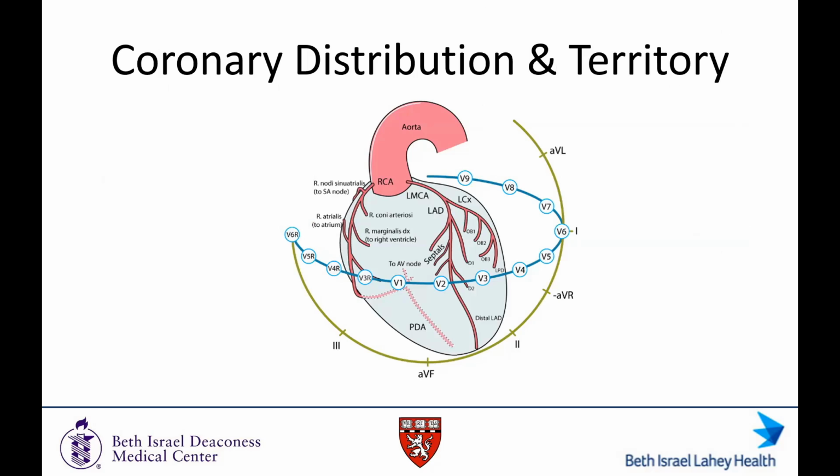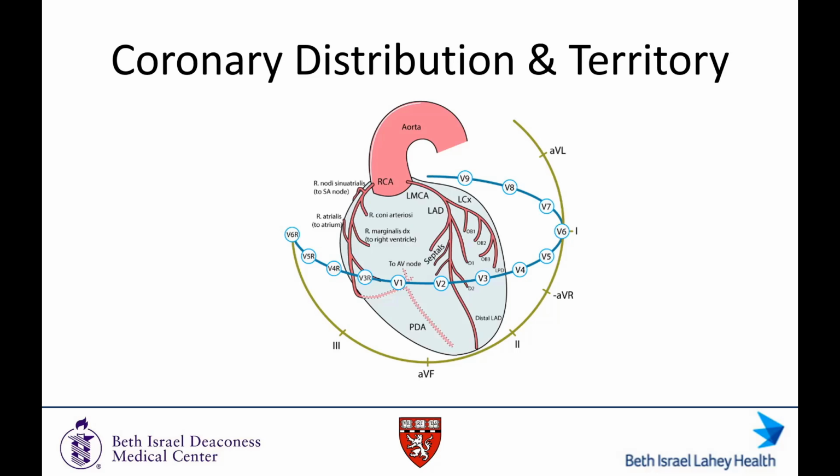So as I said earlier, there can be variations, but in the vast majority of hearts, you have your left main proximally coming out of your aortic root. And then the LAD goes down the septal wall, and we have septal perforators and then diagonals coming off the LAD. Then our left circumflex wraps around towards the back of the heart.